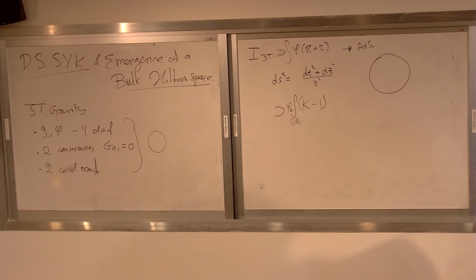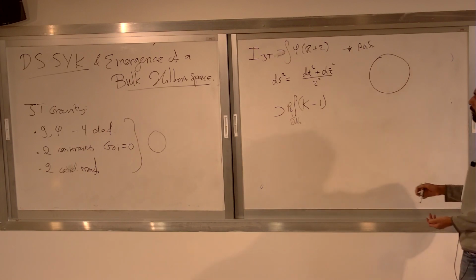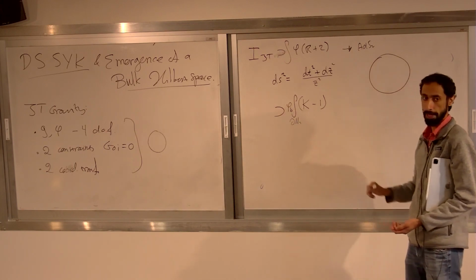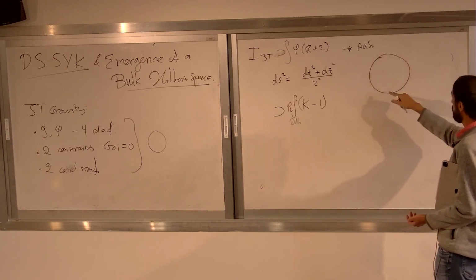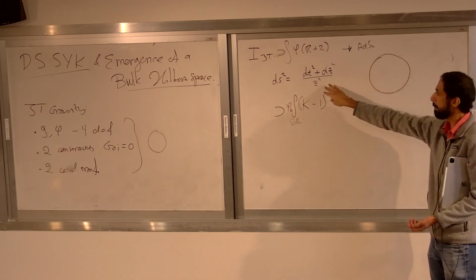The only degree of freedom in this theory is the choice for what the boundary of M2 is. The boundary of M2 is not this circle that I drew here. At this circle, this metric diverges.